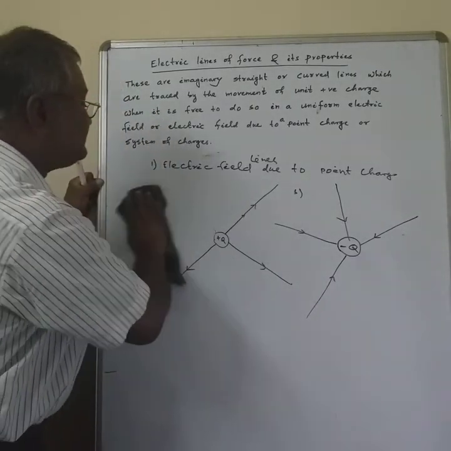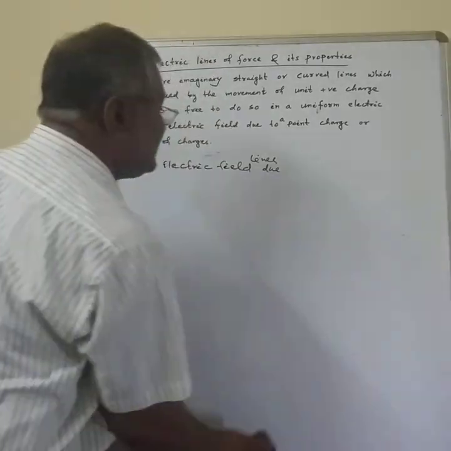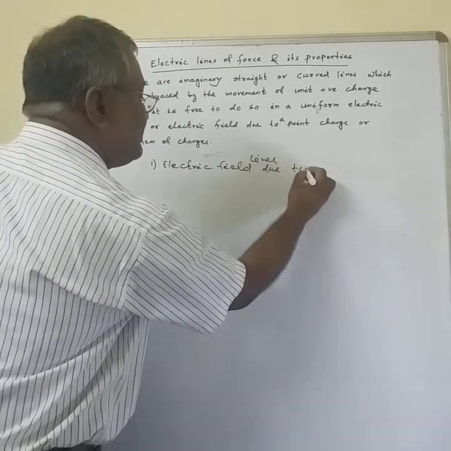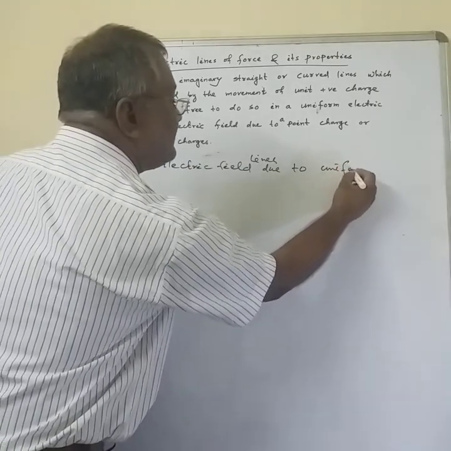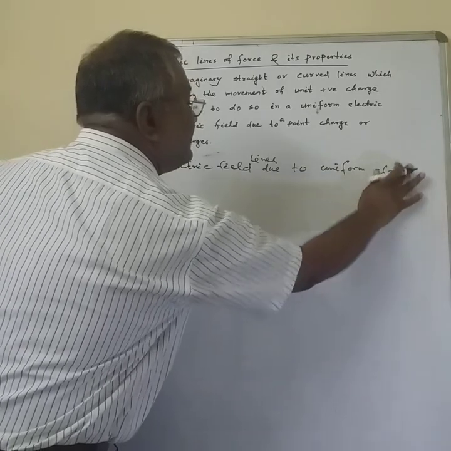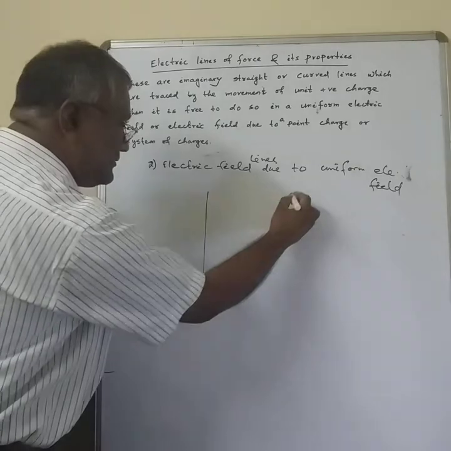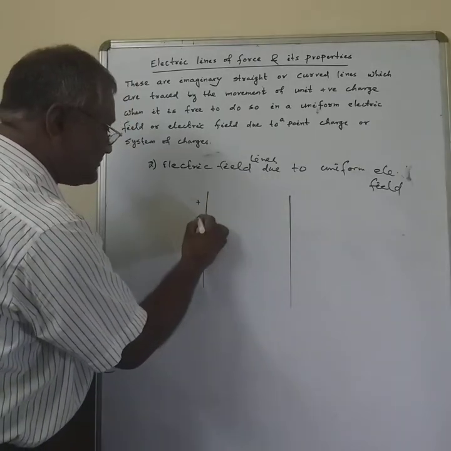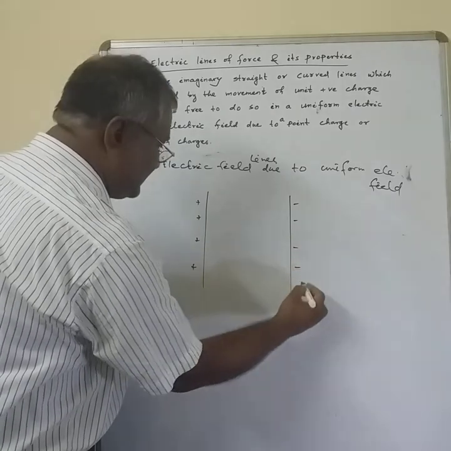Number 2, electric field lines due to a uniform electric field. This is the positive charge plate and this one is the negative charge plate.